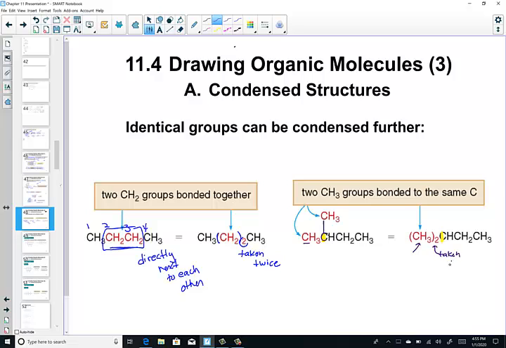That tells me there are two methyl groups, CH3, on this color-coded yellow carbon. CH2, CH3 completes that structure because there are no similar groups right next door to one another. So if I see a CH3 taken twice directly onto a carbon, that represents two methyl groups attached to that original carbon.